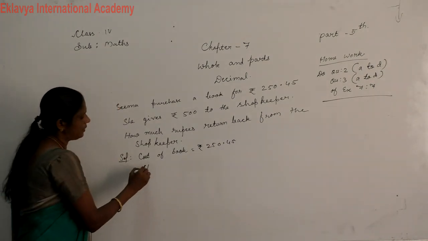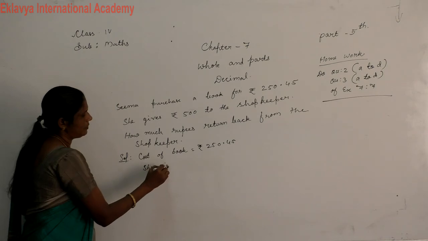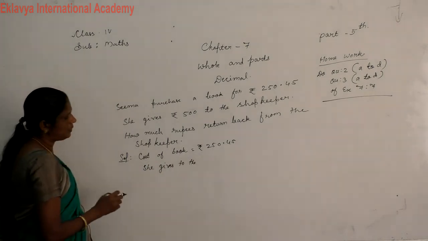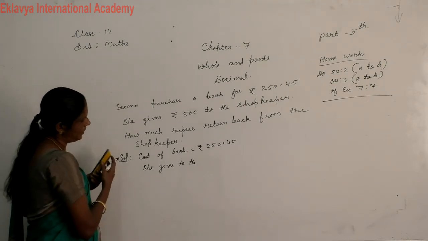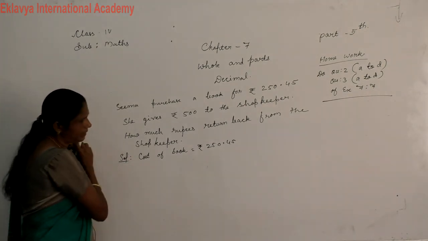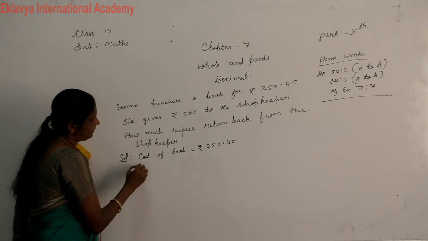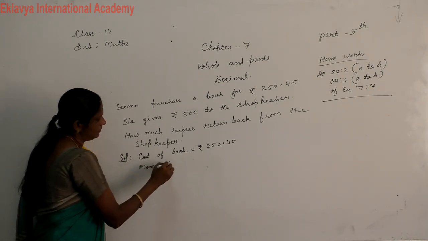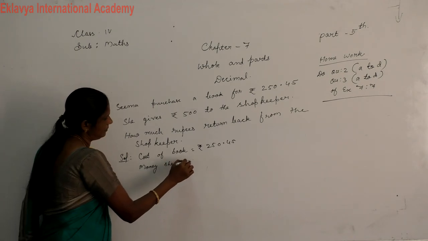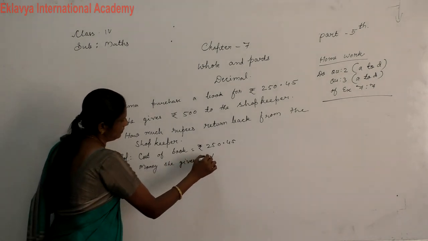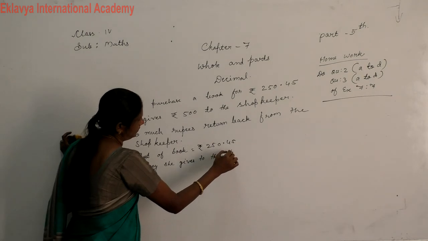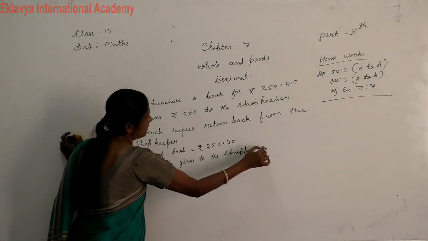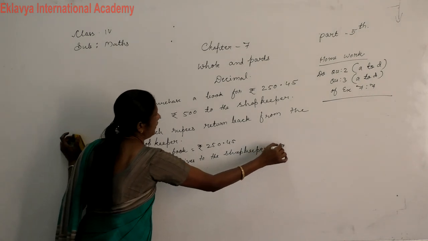The money she gives to the shopkeeper is equal to rupees 500.